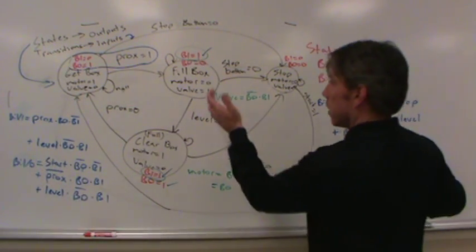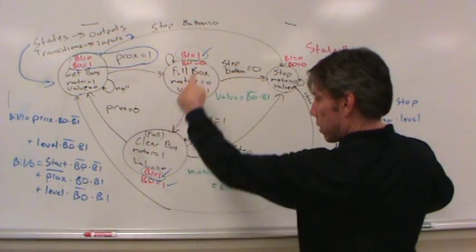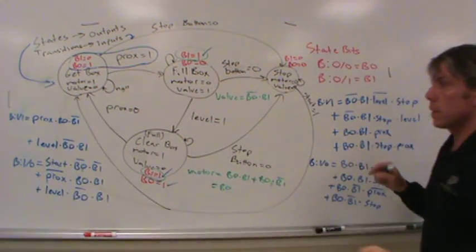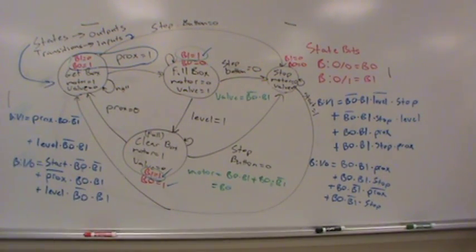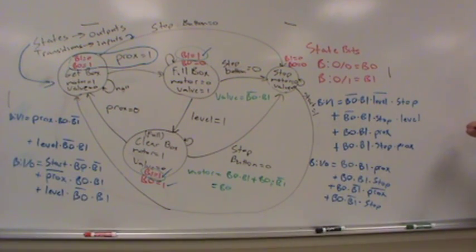If stop is on, and level's on, then turn on bit one, which is what we want. This isn't a transition, it wouldn't change state, right? That would make it one of these over here, which is not what we're looking for. Right. So these should be conditions for staying in the state. So you'd only need the top one. I think we only need the top one.